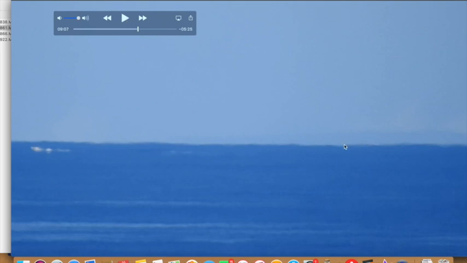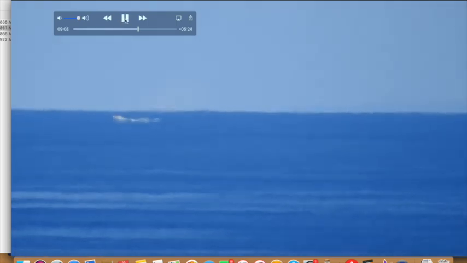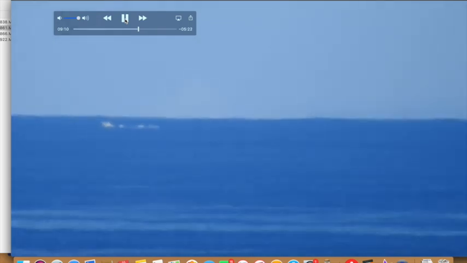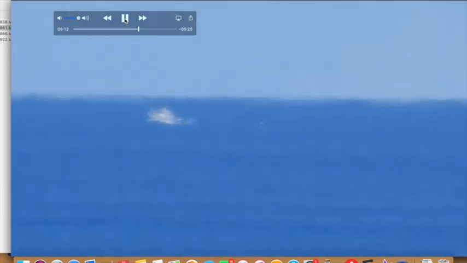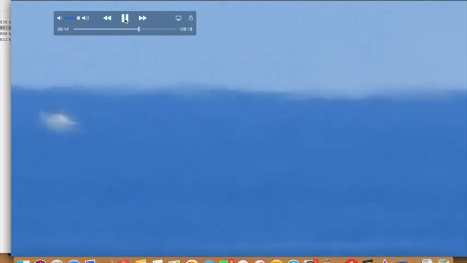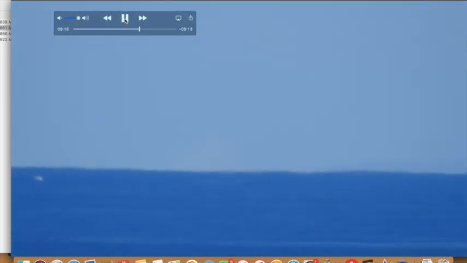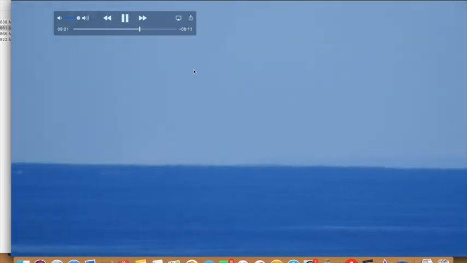Here is Kaho'olawe right here. Am I right or am I wrong? I don't see that boat necessarily. Focus is not so good right now. You can see Kaho'olawe here.